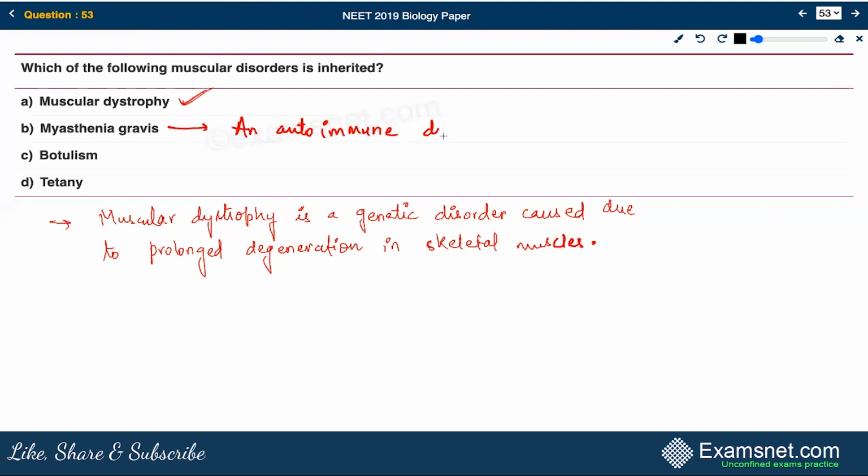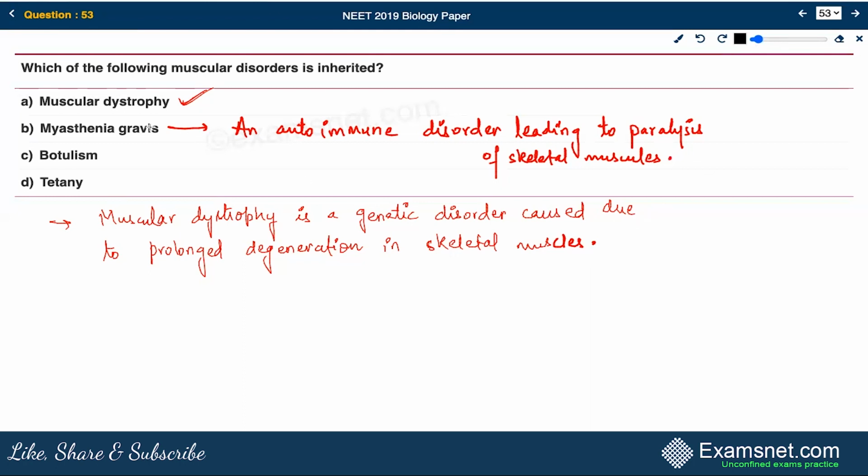It leads to paralysis of the skeletal muscles. All right. Leading to paralysis of skeletal muscles.